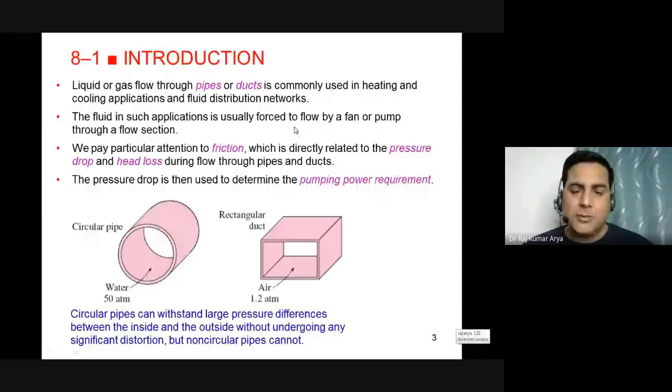It has two purposes. One is to avoid excessive heating or cooling from the outside environment. Sometimes there is a fire somewhere outside, so your pipes should not get heated unnecessarily. At the same time, in cold climates you should not freeze the liquid flowing inside, because water freezes at 0 degrees.